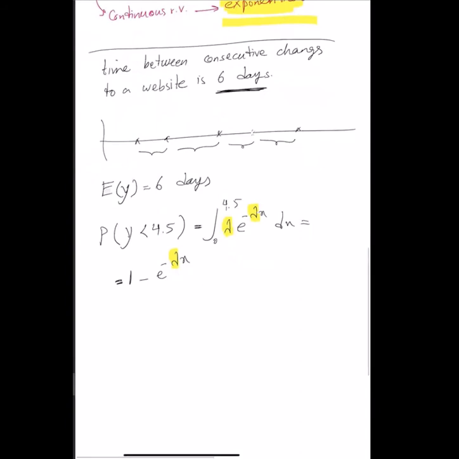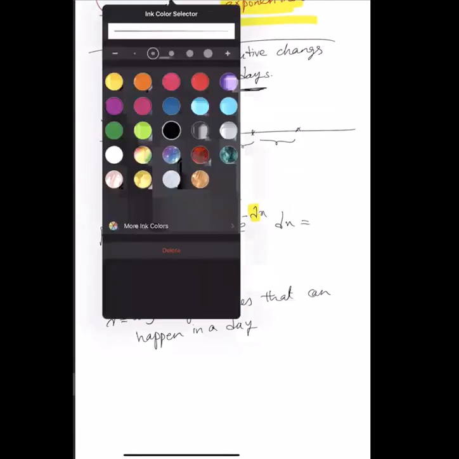And lambda, as we just mentioned, is basically the average number of changes that can happen in a day. I want you to pay attention to this.